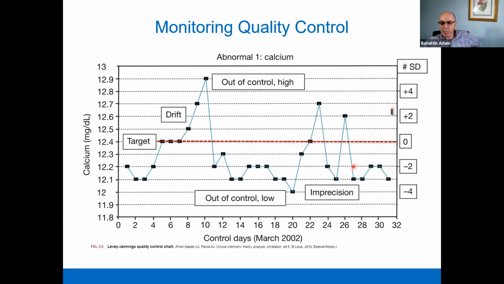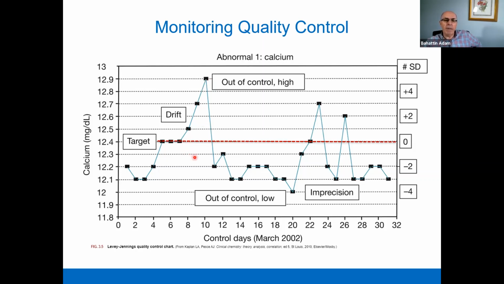Usually the labs accept 3 standard deviations. That means your confidence interval is about 99%. As you see, these results are out of control, higher and higher.